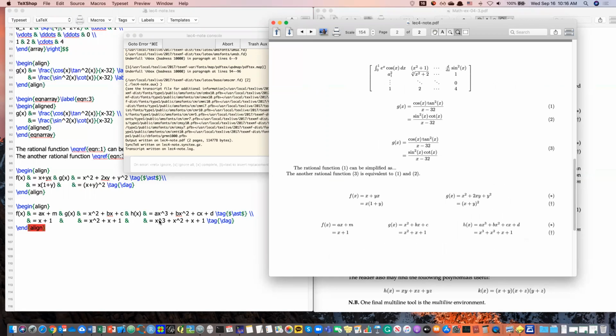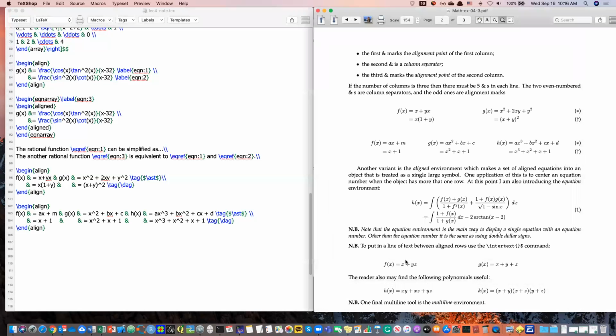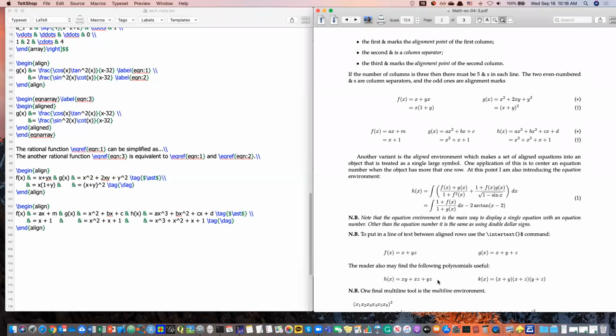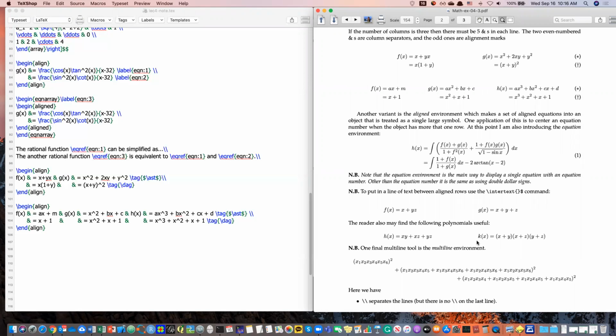Now, next one. Another variant is the aligned environment, which makes a set of aligned equations. I did that already, so let me skip it.